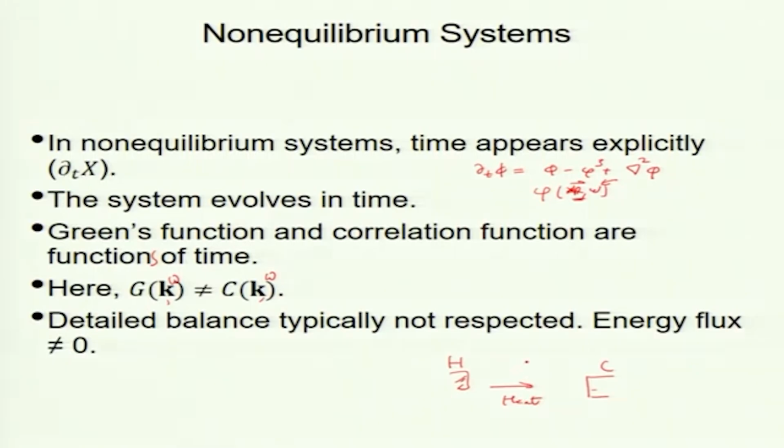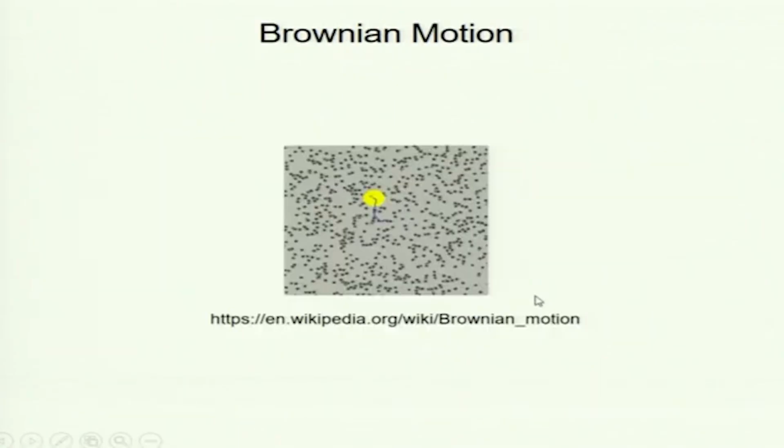Had it been equilibrium, then what goes from left to right should also be equal to right to left and they should cancel. But for non-equilibrium there will be one direction of energy, heat flux or quantum flux and so on. So I am going to introduce Langevin equation.